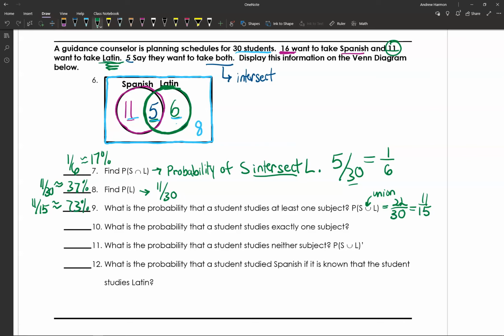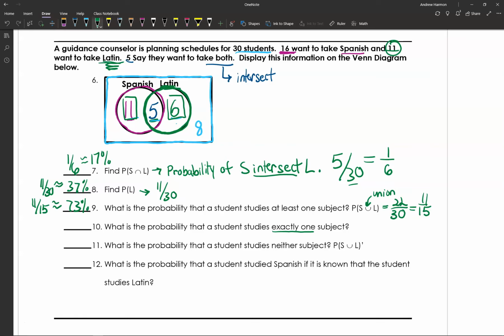So we have 11 over 15, which is approximately 73%. Number 10. What is the probability the student studies exactly one subject? So exactly one subject. Think about that. That means they either study Spanish or they study Latin, but they don't study both. So that's going to be this 11 and the 6.